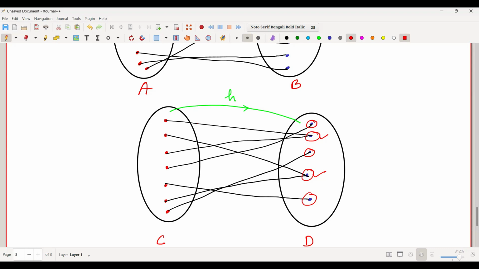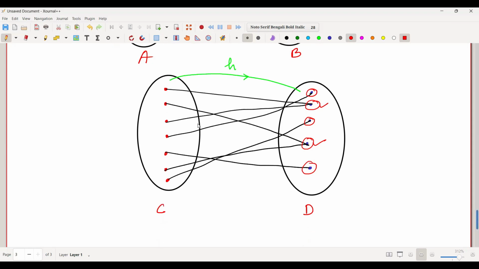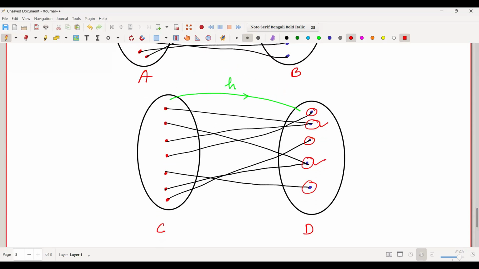So in set D, these two elements have two pre-images each. Now for finite sets, or maybe it can be extended to infinite sets also, you can see that the function h is onto, which means no element of set D, the codomain, is free.